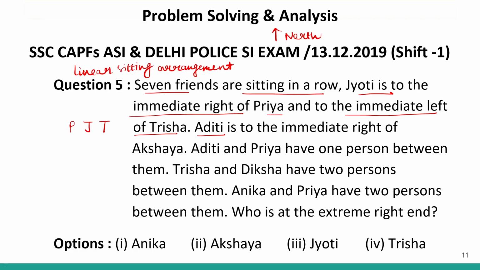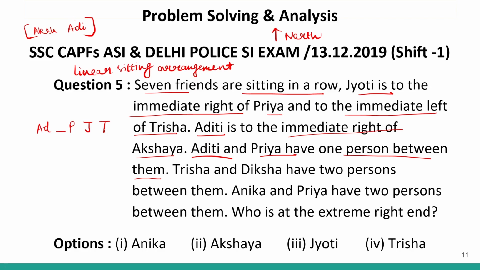Now, Aditi is to the immediate right of Akshaya. We don't know where to place them because their relationship with Priya, Jyoti and Trisha is not given. So we will keep this information like this for a while until we find a place to place them. Now, Aditi and Priya have one person between them. So Aditi will definitely be over here.